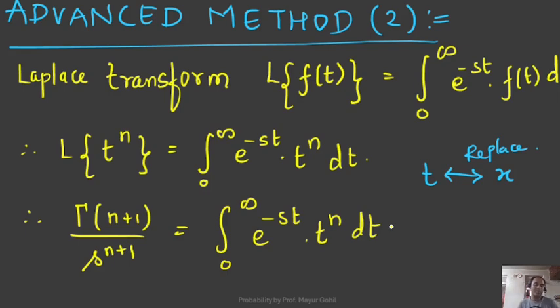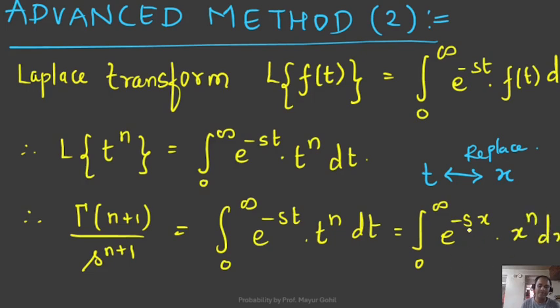So what is important here is that if you replace t by x, then the formula is essentially the same: e raised to minus s into x and x raised to n dx.